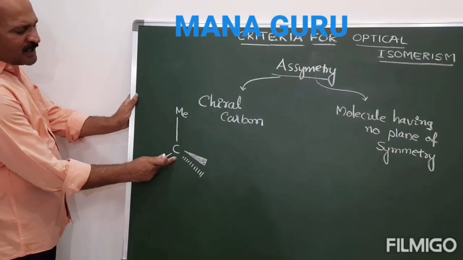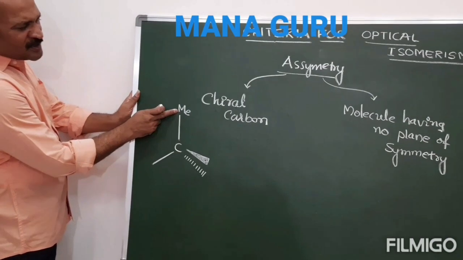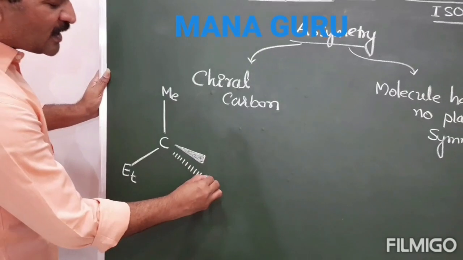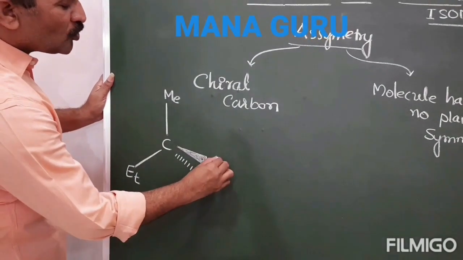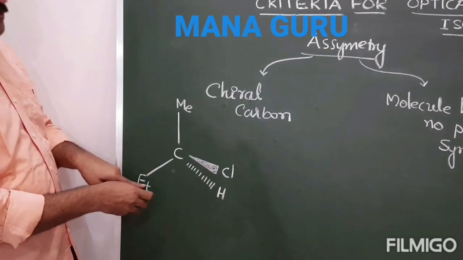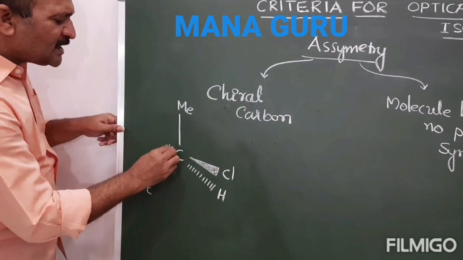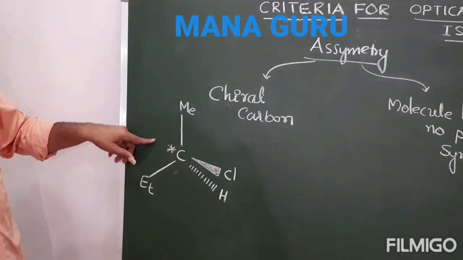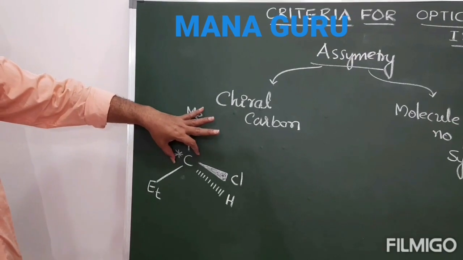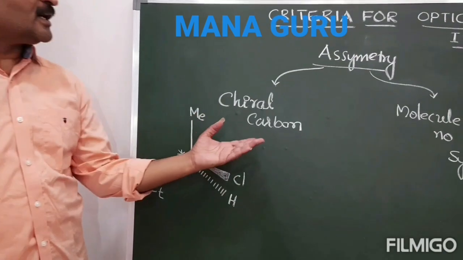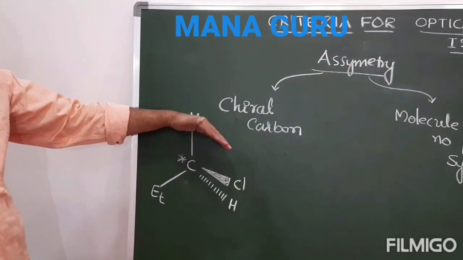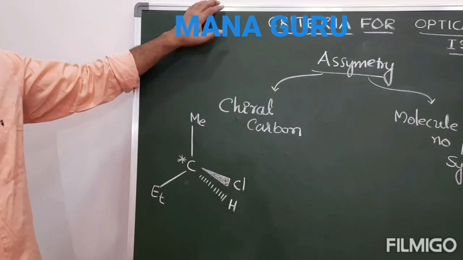Here I am taking a carbon with one methyl group, one ethyl group, one hydrogen and one chlorine. This carbon has four different groups, that is why you can consider it a chiral carbon. That means this carbon is asymmetrical in nature, so the configurations can rotate plane polarized light in different manners. In other words, it shows optical isomerism.